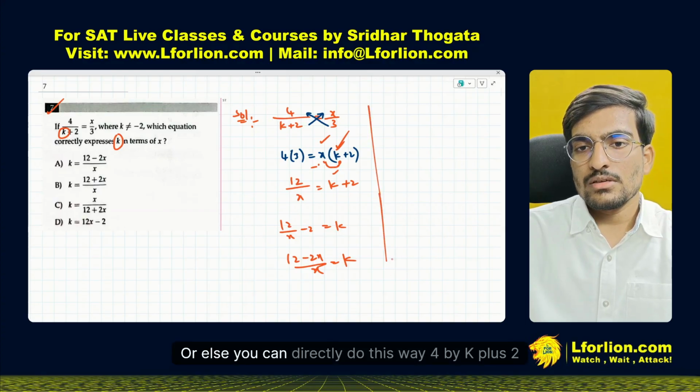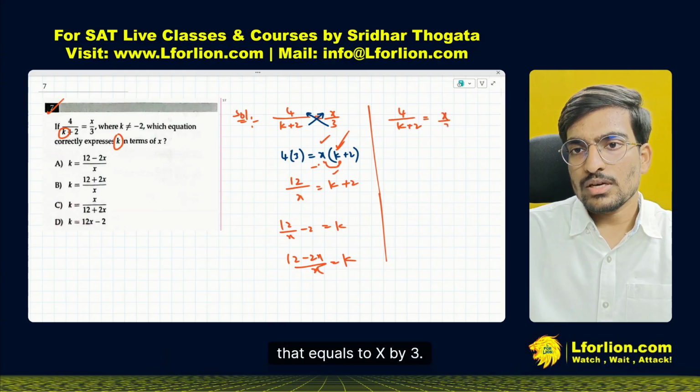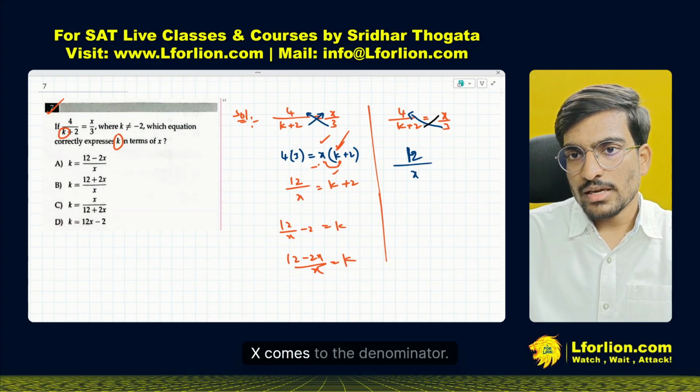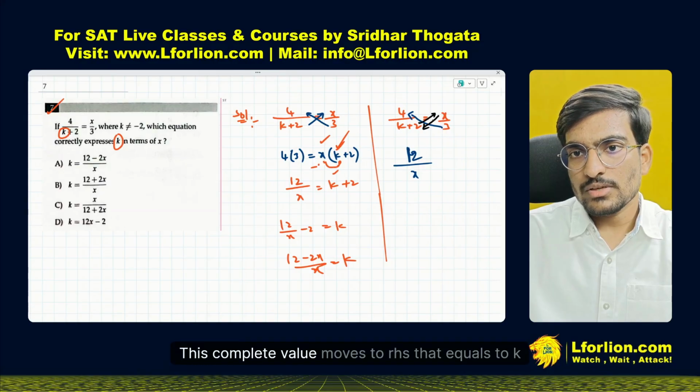Or else you can directly do it this way: 4 by (k plus 2) equals x by 3. You can directly multiply 3 with this, and that equals 12 divided by x. Just do it this way, x comes to the denominator, this complete value moves to the RHS, and that equals k plus 2.